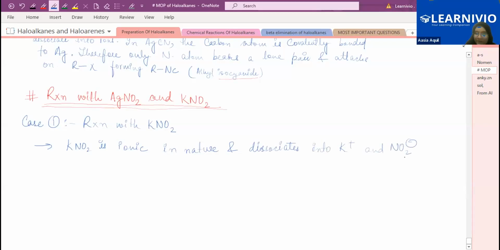How do we show NO2 minus? N, with a double bond to one oxygen, and the negative charge on the other oxygen. So the attack on the alkyl group is from the oxygen side. Let's see the reaction. KNO2 is ionic in nature and dissociates to form K plus and NO2 minus, in which NO2 minus has the negative charge on the oxygen atom.